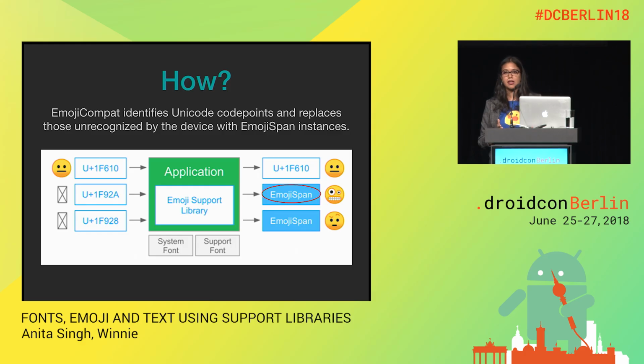Emoji spans are nothing but replacement spans, and replacement spans can replace char sequences with any customization. In this case, the emoji span has an emoji metadata object, which has information to render the emoji glyph using the support font.